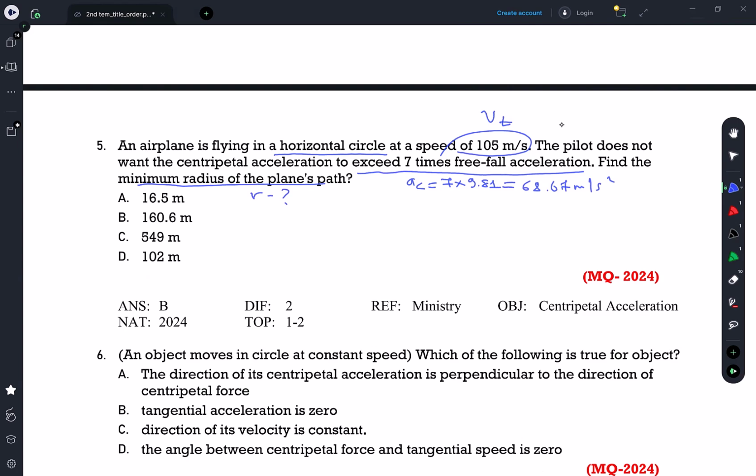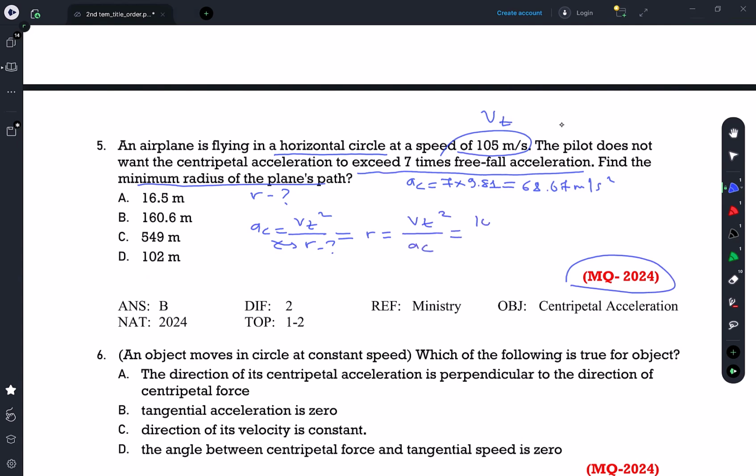This is again one of the book questions, most probably practice, and the first time asked. So I'm going to use the AC equation: AC is equal to VT squared over R. R is the question, so R is equal to VT squared over AC.